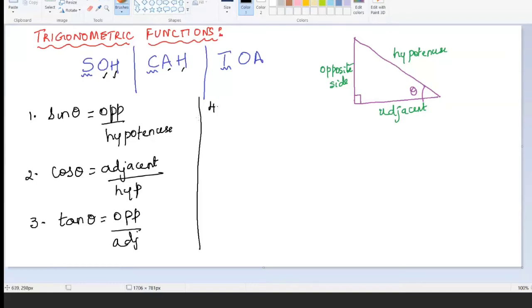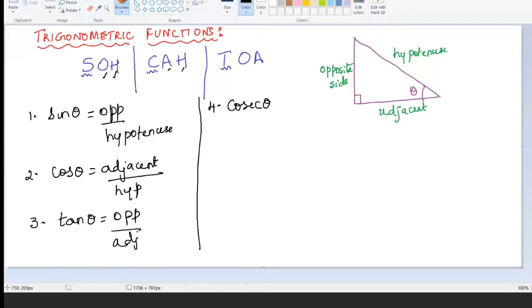Now, the fourth one. Who is the reciprocal of sine theta? The reciprocal of sine theta is cosecant theta. Don't get confused: cos is not the reciprocal. Don't get confused between the cofunctions and the reciprocals.